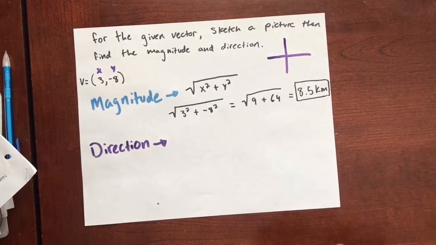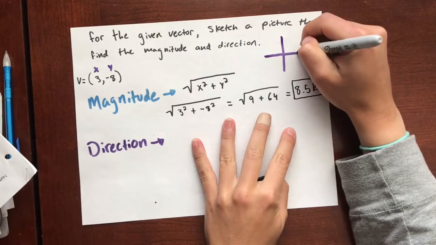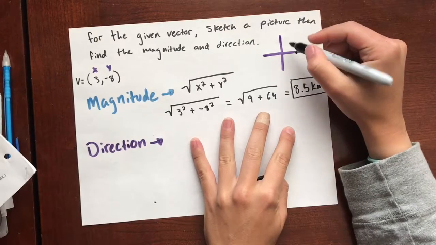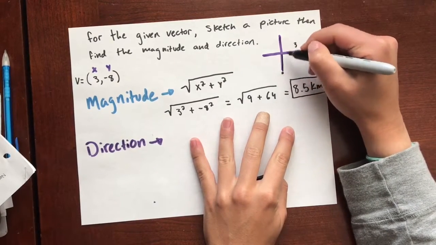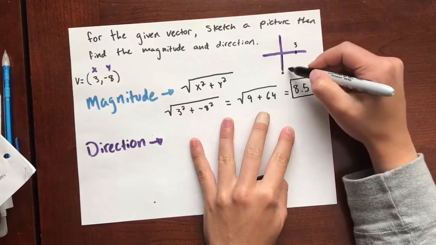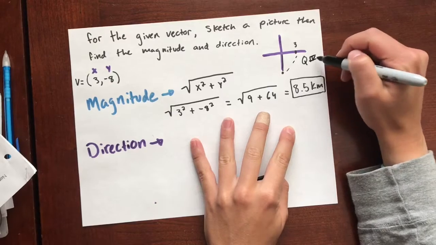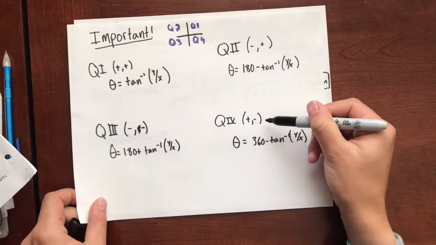So we're going to go over 3 for our x value. So this is 3. And we're going to go down -8. See, that puts us in our quadrant 4.